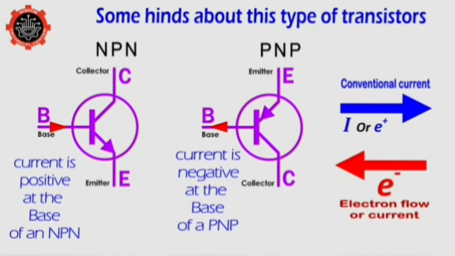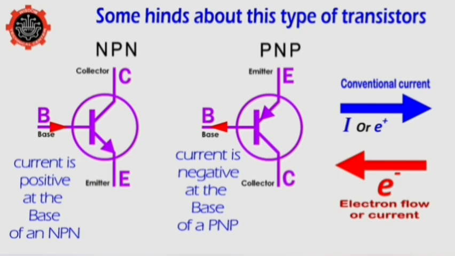Now let's see some things that you need to understand regarding these two types of transistors. Current flows into the base of an NPN transistor, whereas for the PNP transistor, it flows outward from the base.